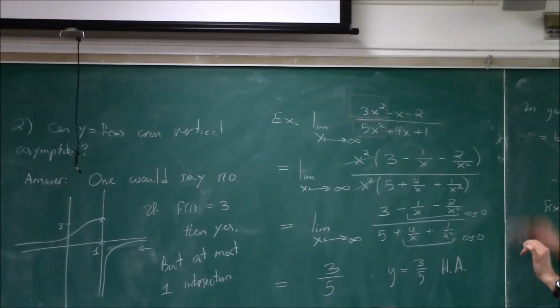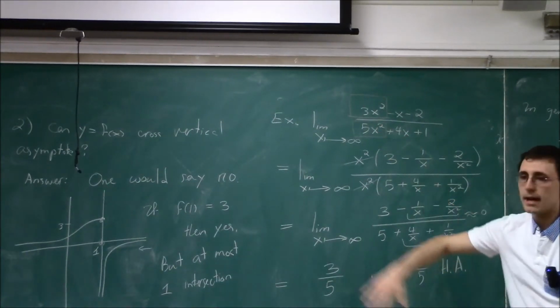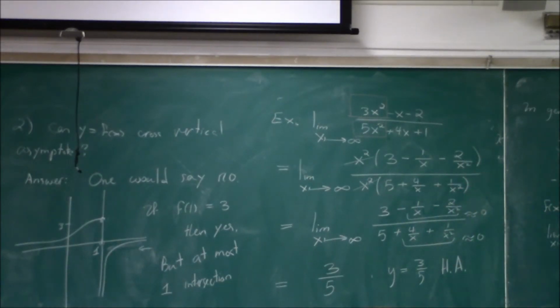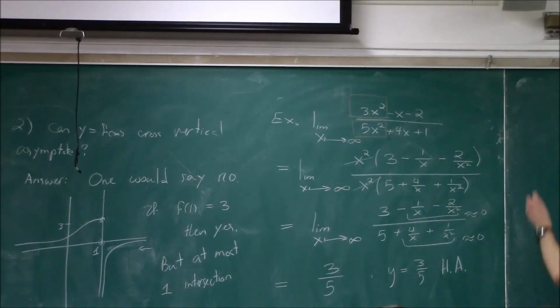Let me give you one more example, and then we're going to use this box method to describe all the possible limits for rational functions. And then we're going to do it very quickly. Okay, here is another example.